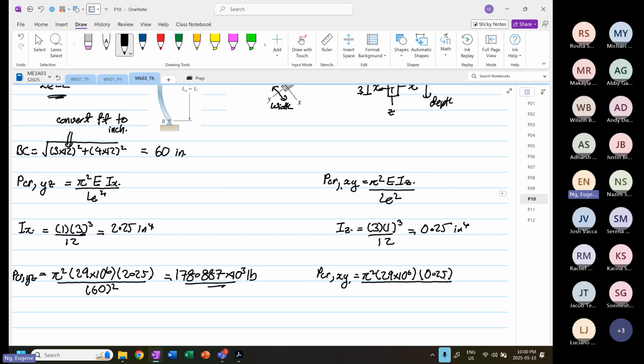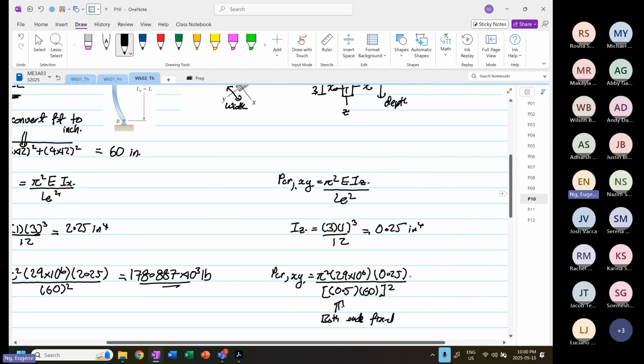And we know the denominator LE is 0.5 multiplied by the length, which is 60, and the whole thing squared, because both ends are fixed.